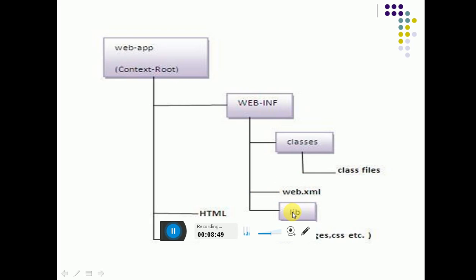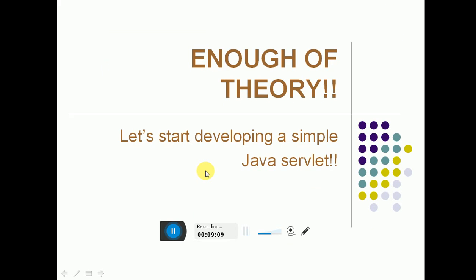The lib folder contains the OJDBC jar files or any such files in your library. The other contents like HTML and images are present in the main directory itself. So now I think it's enough of reading.